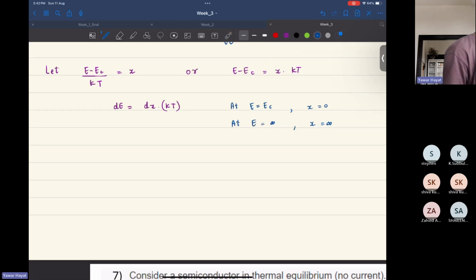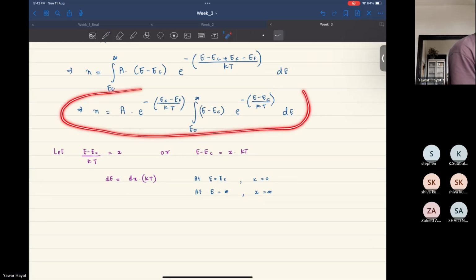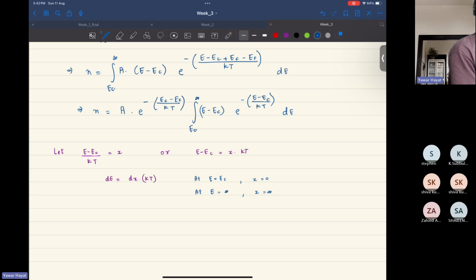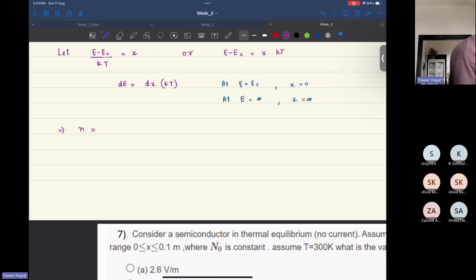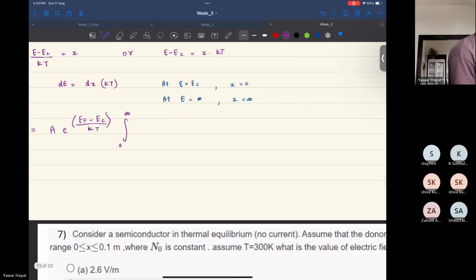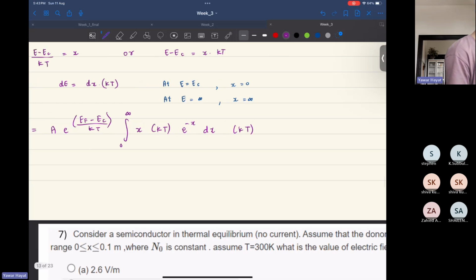So now what? If we make these substitutions into this equation, we'll get the following. This would imply that n is equal to A, this pre-exponential factor, exponential of EF minus EC by KT, integral 0 to infinity x KT exponential minus x dx KT, right?